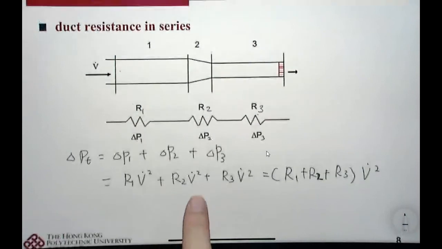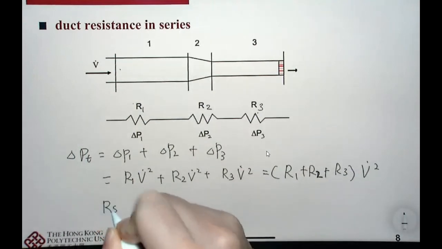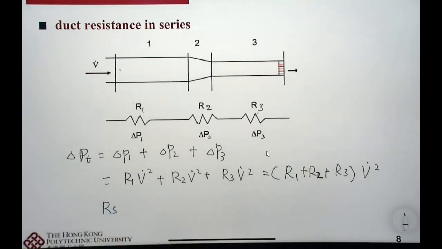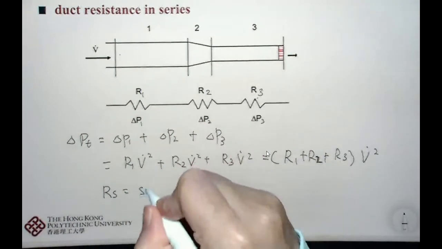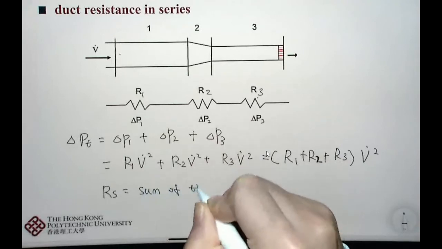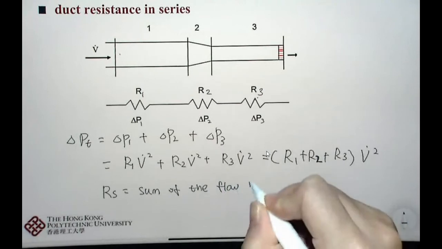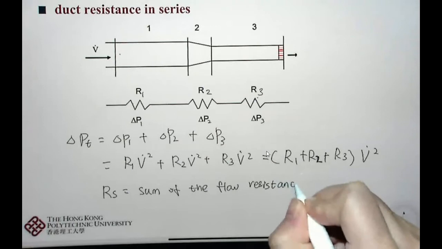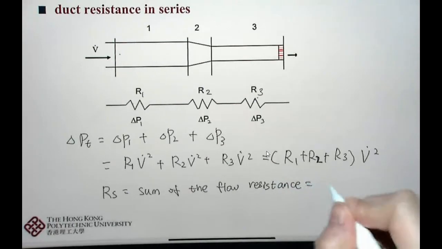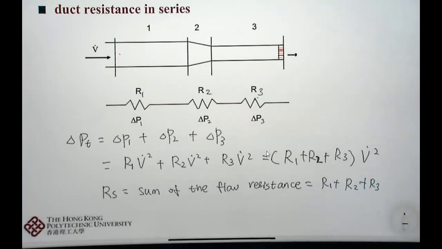From this expression, we can conclude that the sum of the flow resistance equals R1 plus R2 plus R3.